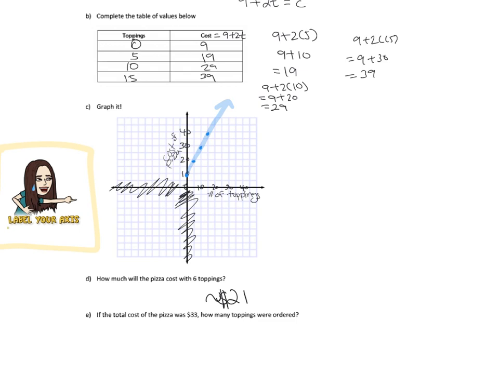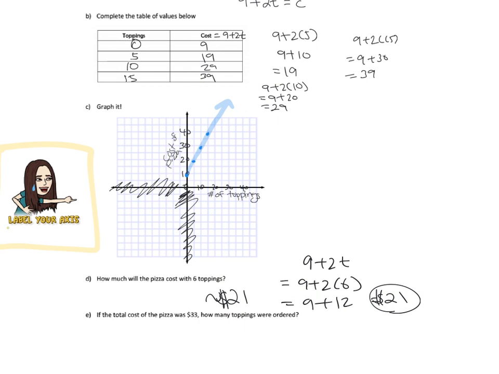Then you can confirm this by using your equation: 9 plus 2 times 6, 9 plus 12 gives us 21. And it is correct, right? So here we use a graph to approximate, and then we use our equation to confirm our total cost of the pizza with 6 toppings.